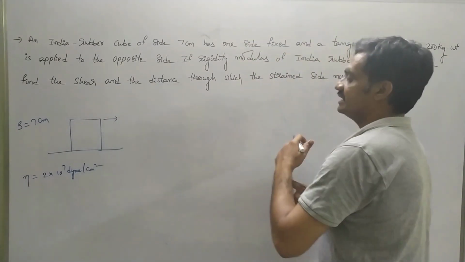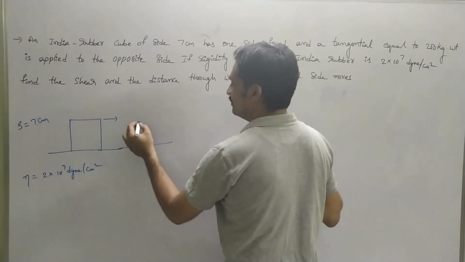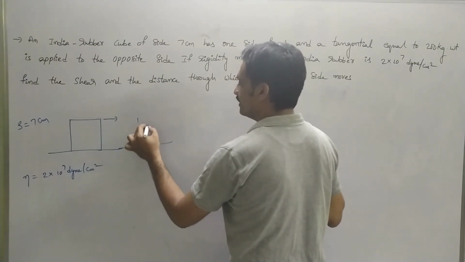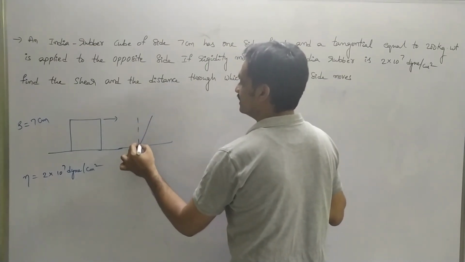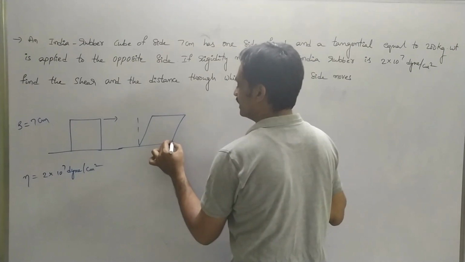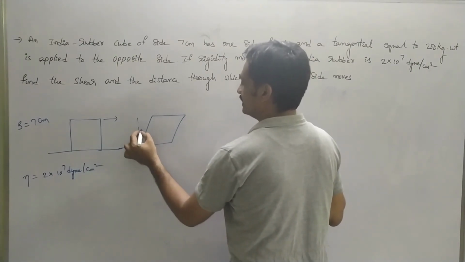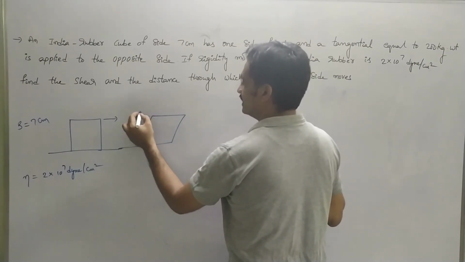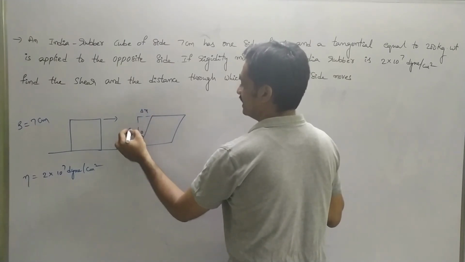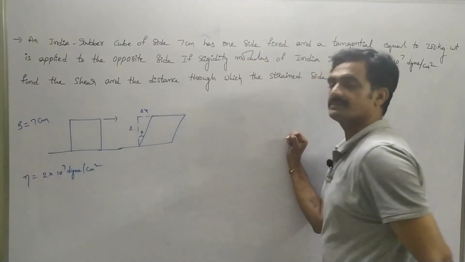Since the force has been applied, the body will make an angle of theta with respect to the fixed end, whereas extension is represented as delta x, initial length is L.